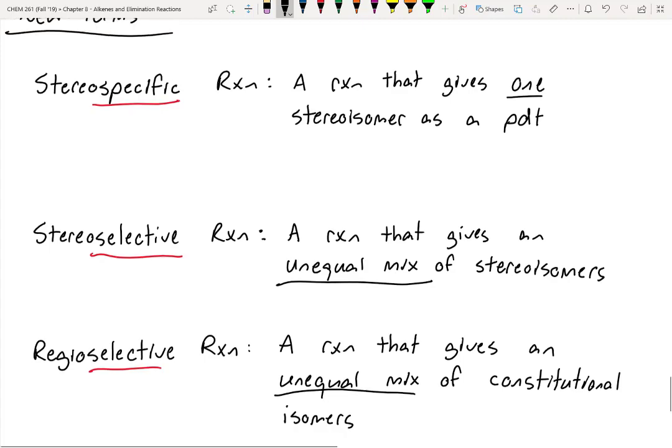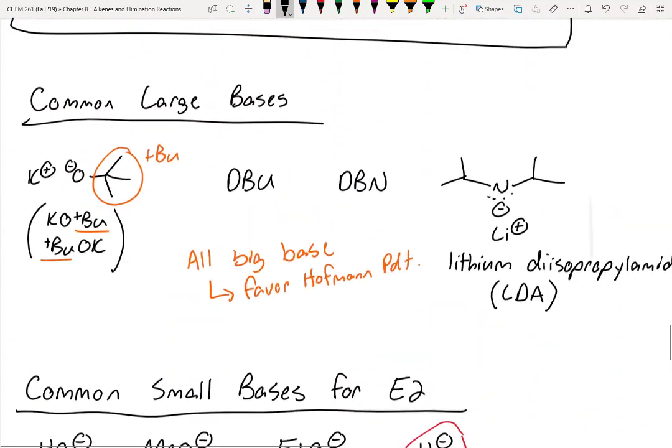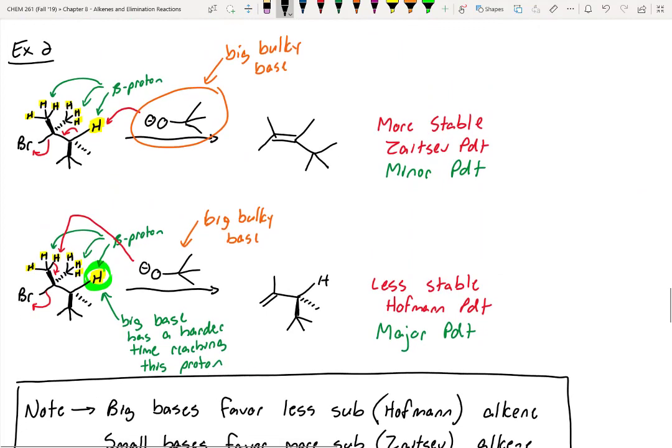All right, let's go back up. Let's look at this example. So in this example, we've got a mixture of two different products, major and minor. Do you think this is going to be stereospecific, stereoselective, or regioselective? Regioselective.